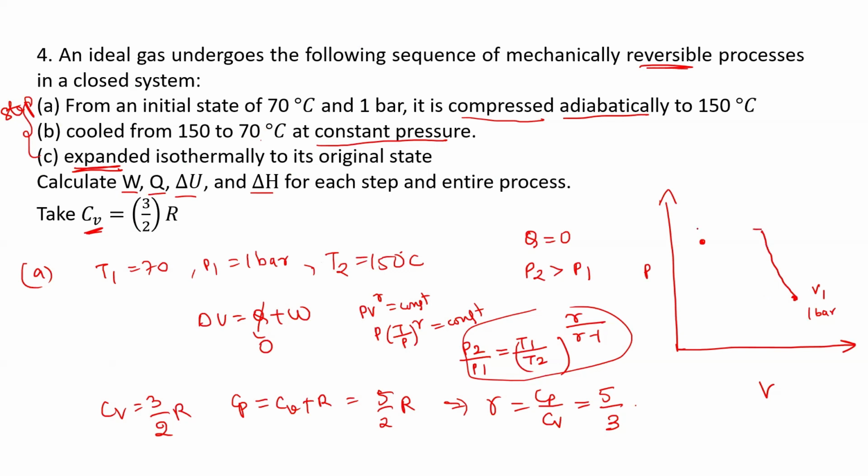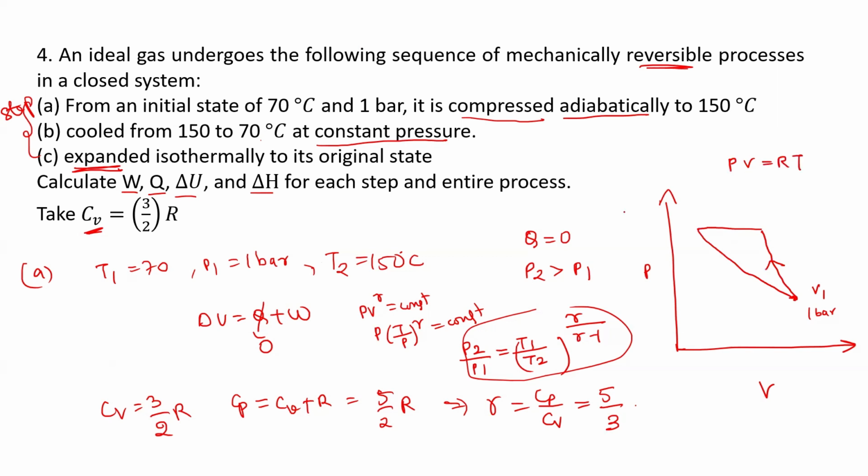When we did it the first time, the pressure increased and volume decreased. And at constant pressure, temperature is decreased. So with PV equal to RT, when pressure is constant and temperature is decreased, it means volume is decreased. So this is the second process.